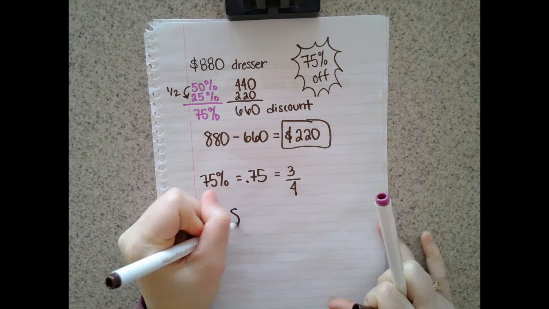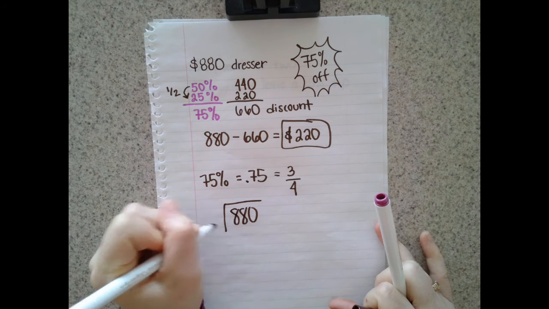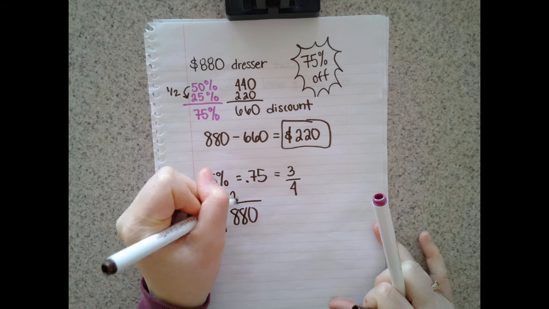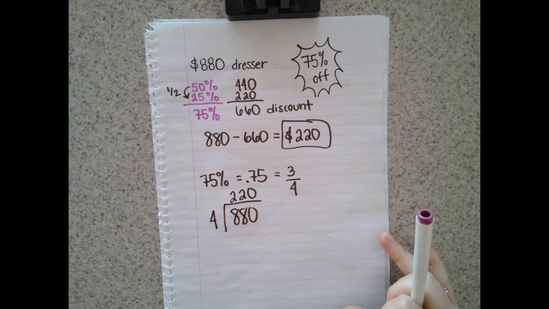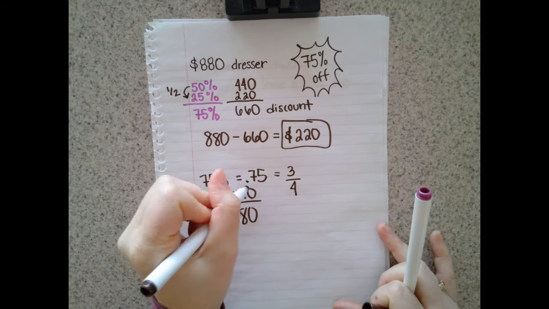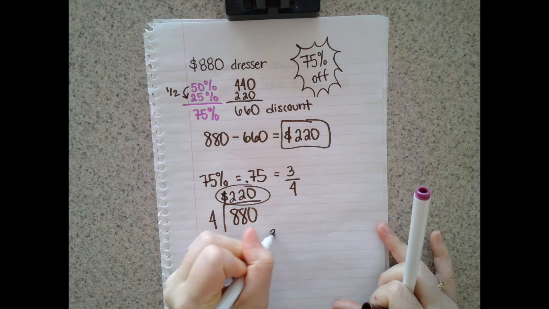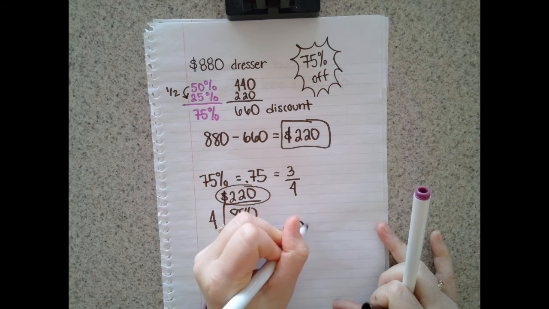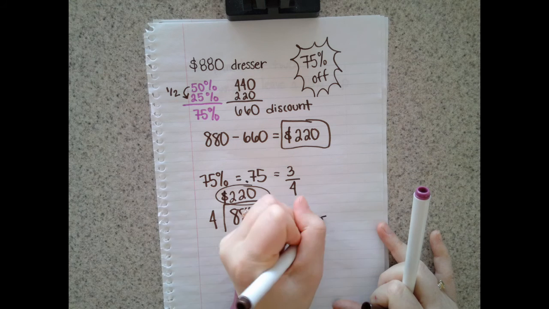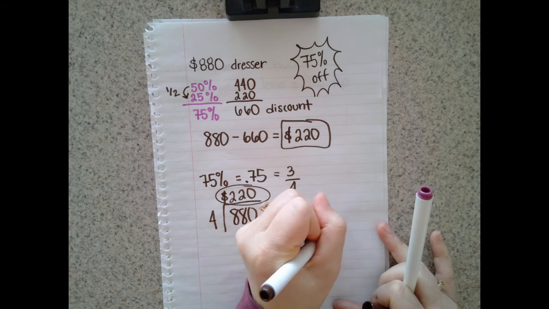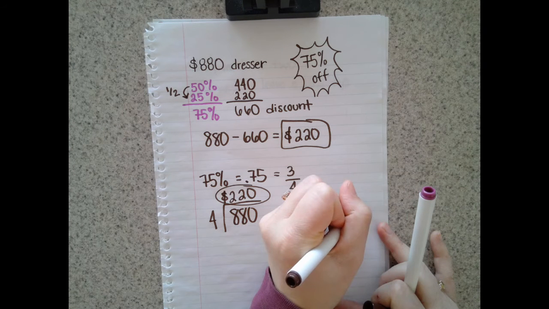Okay, 880 split into 4 pieces is 220. So 220 is the price that I pay, and there are 3 other 220s. 3 times 220 is 660, which would be my discount.